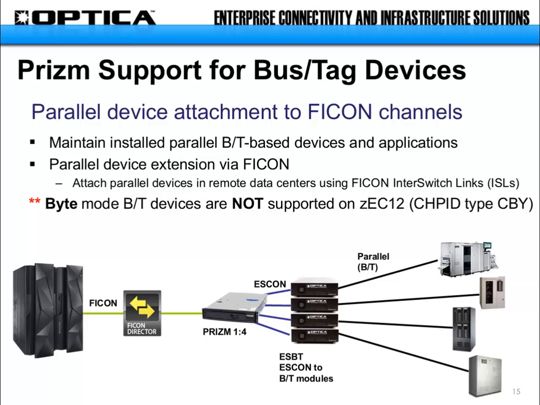Now, one other point that I want to make. We've talked about the ability to migrate bus and tag and ESCON devices to Prism. There is one exception that cannot be supported on the newest mainframes, and that is byte mode bus and tag devices. A very small percentage of existing bus and tag devices are actually running in byte mode, but that is the only device type that cannot be supported on the new platform from IBM.